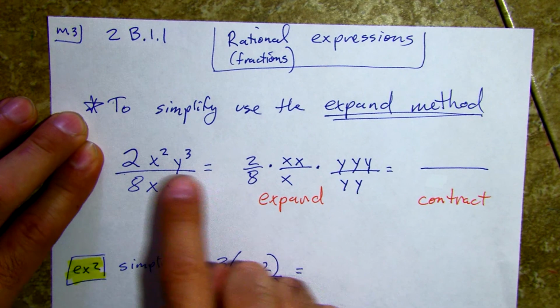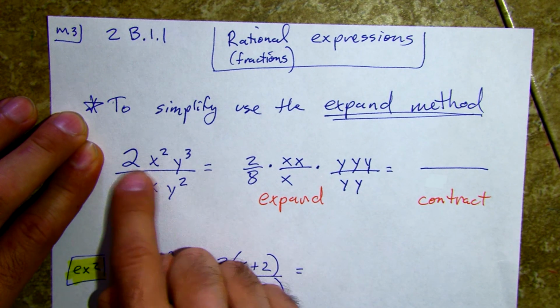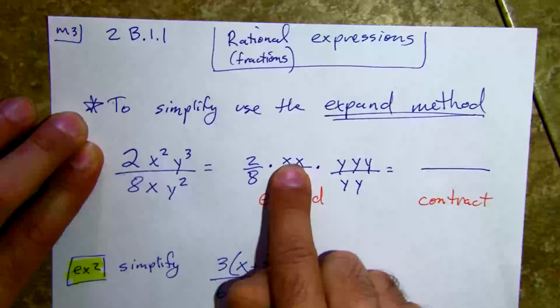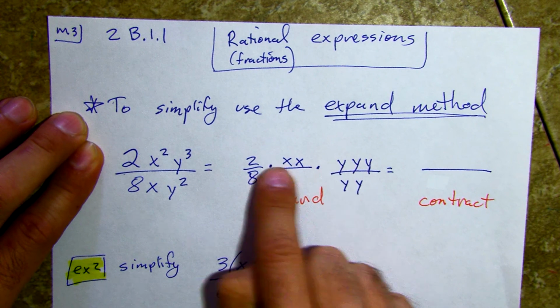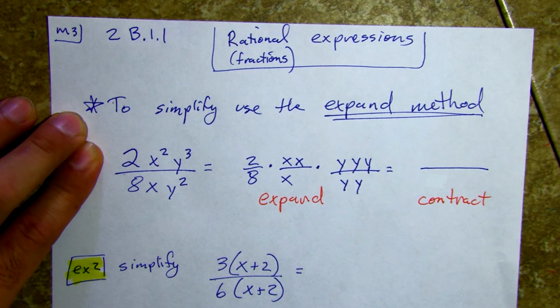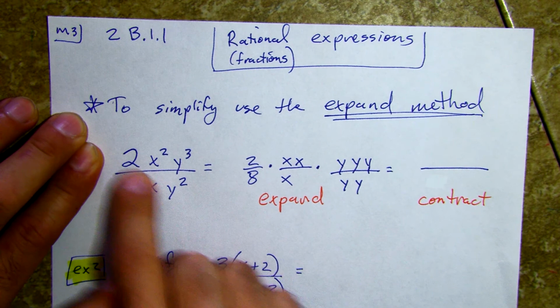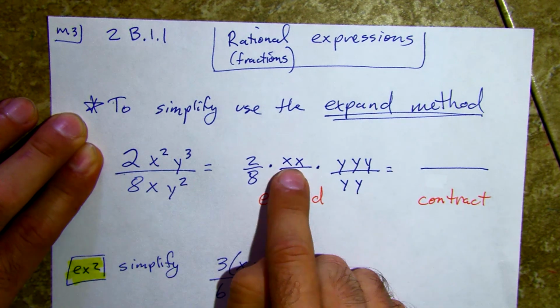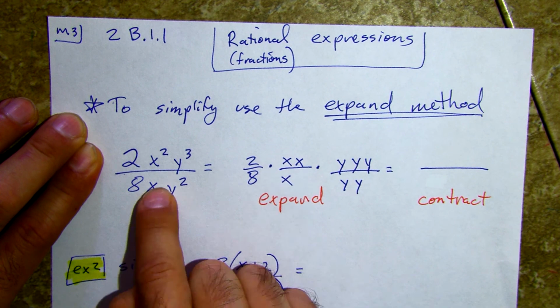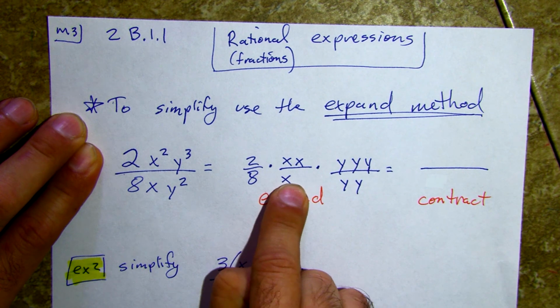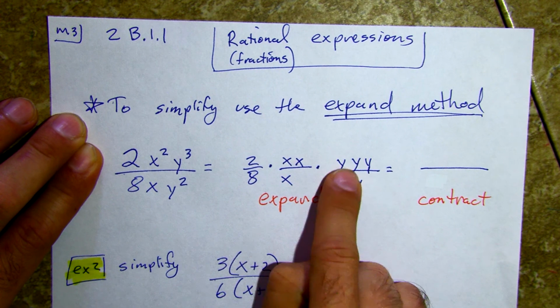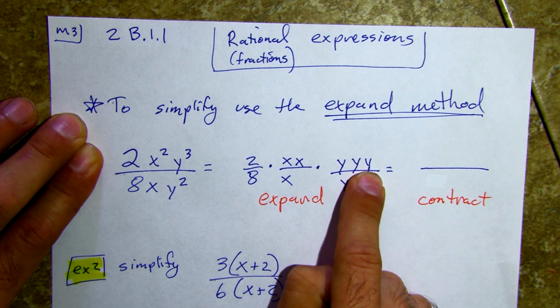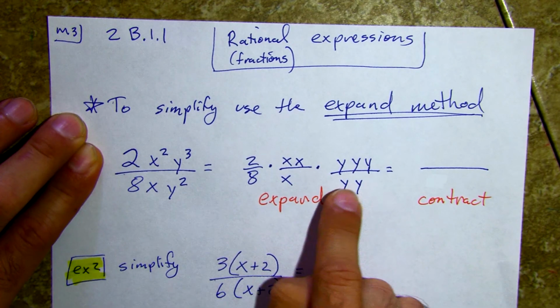Since we're multiplying these values together anyway, the fractions we break them into are multiplied and equal the same thing. So 2/8, I break that up. I put the numbers together. And then x squared is x times x, x on the bottom, so I put x on the bottom. Times y to the third power, y times y times y, over y squared, y times y.